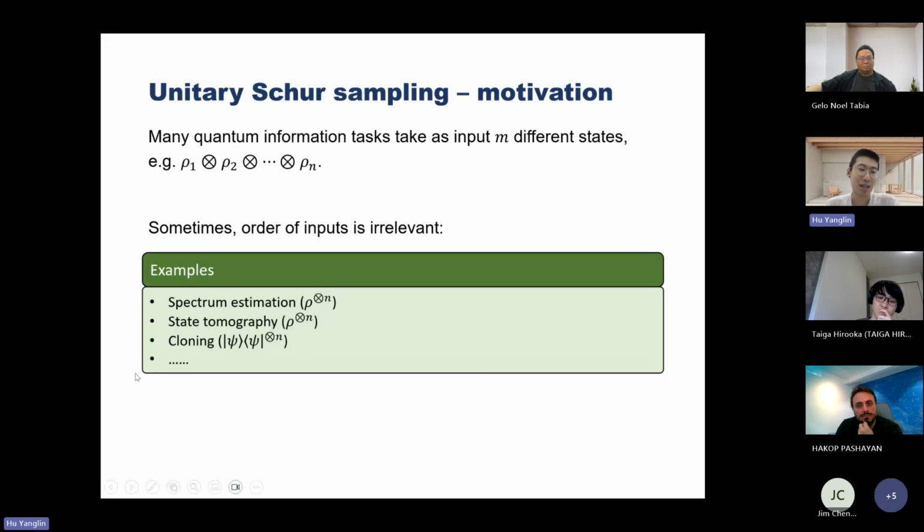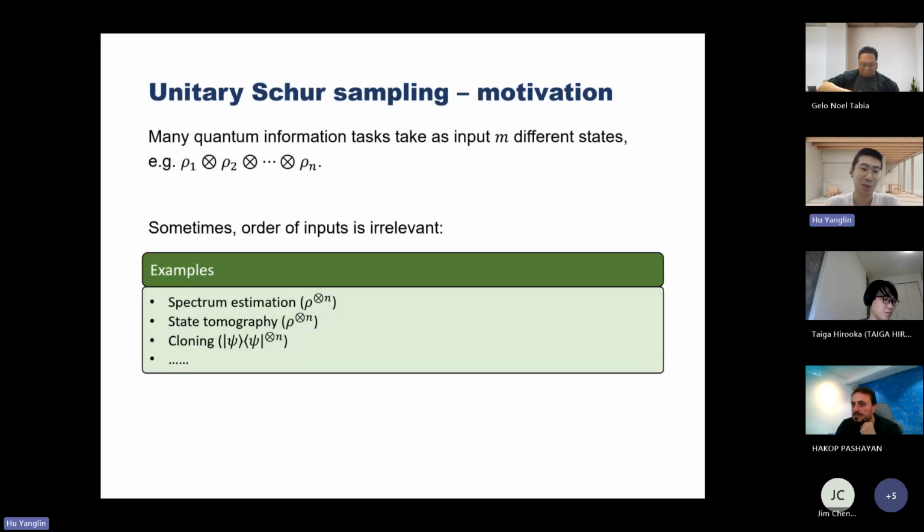And sometimes you want to do state tomography. That is, you construct a classical description of a specific unknown state rho, and you want to use n copies of the state to do this.